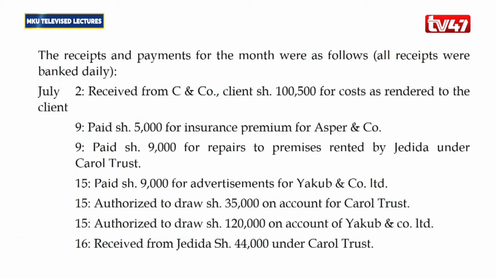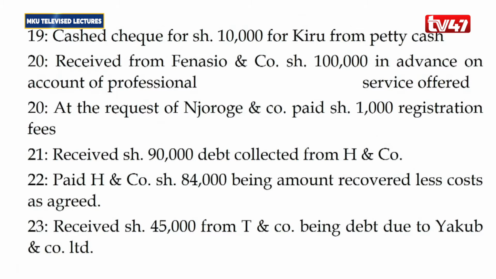On the same day, we were also authorized to draw 120,000 on account of Yakub and Company Limited. Then on the 19th, a check was cashed, that is 10,000 for Kiru from petty cash. Then on the 20th, received from Financial and Company 100,000 in advance on professional services.